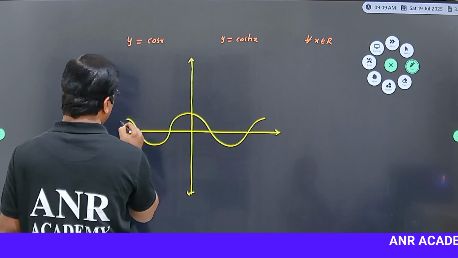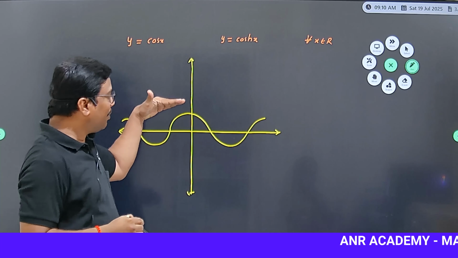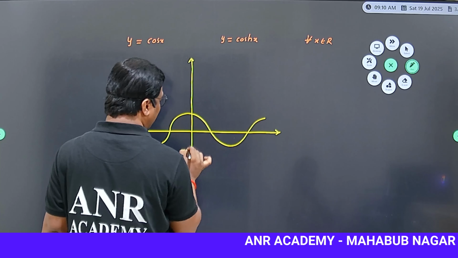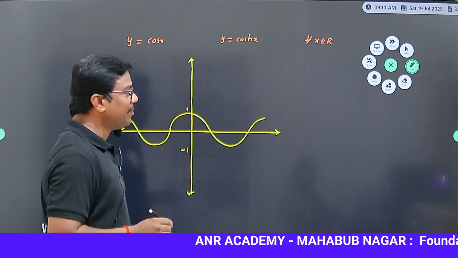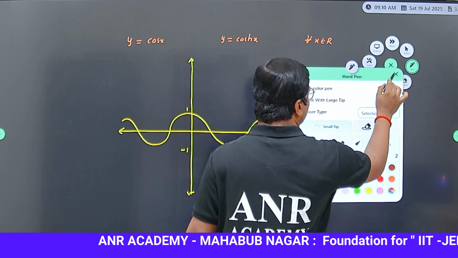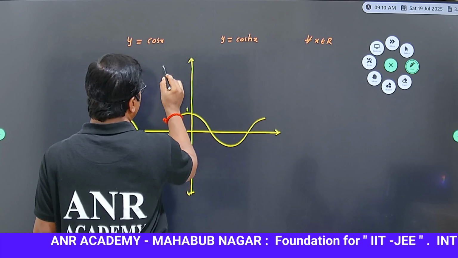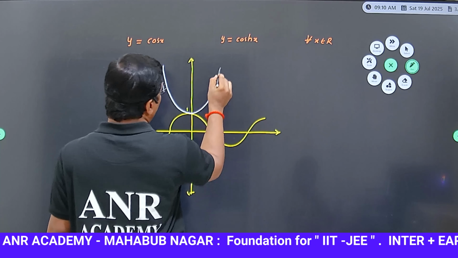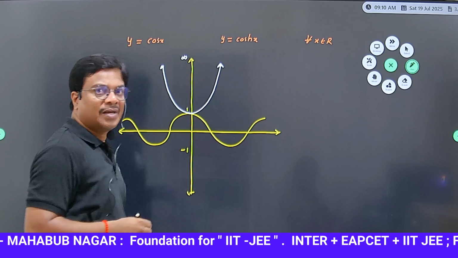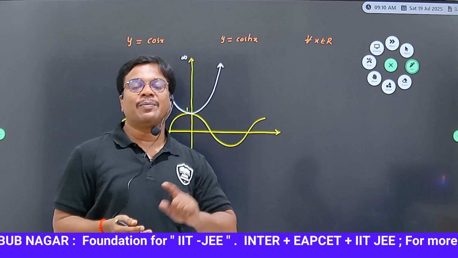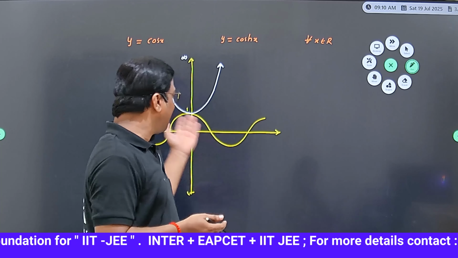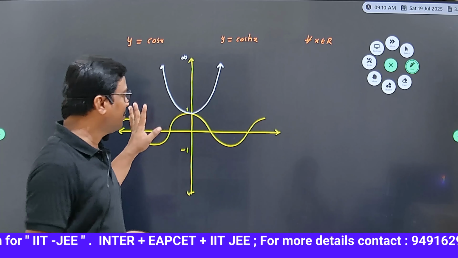That is the wave. It is a bounded function defined for all real values of x, with its range from -1 to 1. And cos hx is not a bounded graph, it is unbounded, and its range is from 1 to infinity. But we call hyperbolic cosine as cos hx. Is there any connectivity between these two graphs?